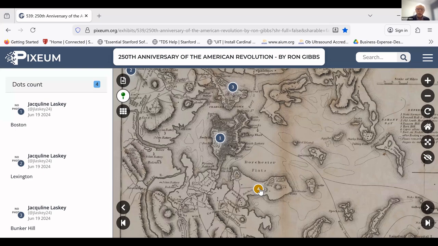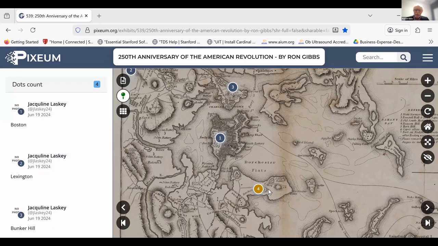From here, American cannon fire again threatened the British, and the British are forced to leave Boston. They and thousands of loyalists sail off to Nova Scotia, not to give up the war, but with the idea of coming back. That we will take up in just another couple of slides.